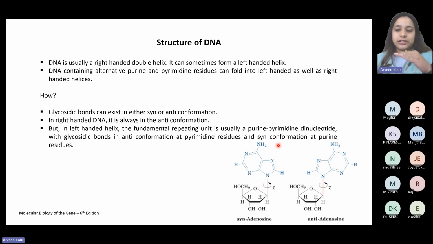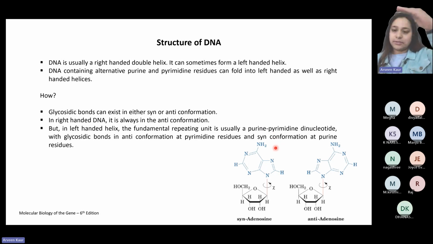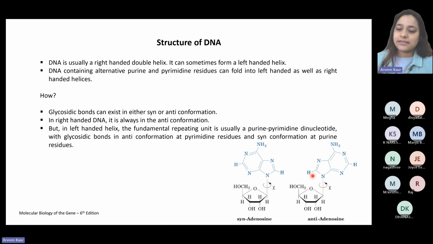As we said, there are alternating purines and pyrimidines, and the glycosidic bonds are in anti-conformation at pyrimidine residues and syn conformation at purine residues. So at A and G, they will be in the syn conformation like this, and at T and C, they will be in the anti-conformation like this.